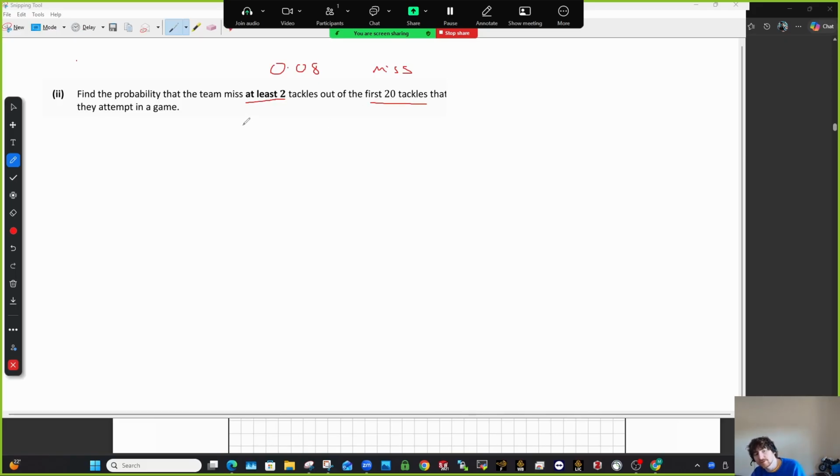Now, you'd never ever do this out by hand. At least 2 is the probability of exactly 2, exactly 3, exactly 4, all the way up to exactly 20. And if you've watched part 1, it takes ages to just work out one exactly. So the quick way is 1 minus the 2 scenarios that at least 2 doesn't include: the exactly 0 scenario and the exactly 1 scenario.